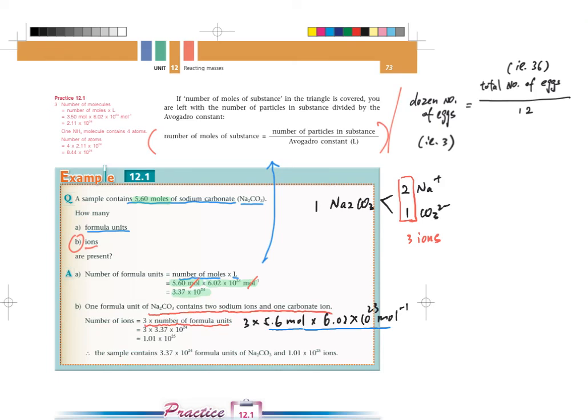But now we don't ask about the sodium carbonate particles, we ask about the ions in sodium carbonate. Then we know that there are 3 ions in sodium carbonate. That means we use 3 times the total number, so the final answer is equal to 1.01 times 10 to the power 25. Still can get the answer.